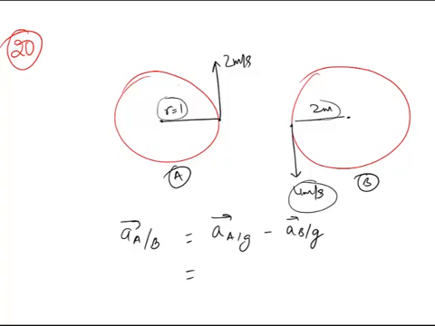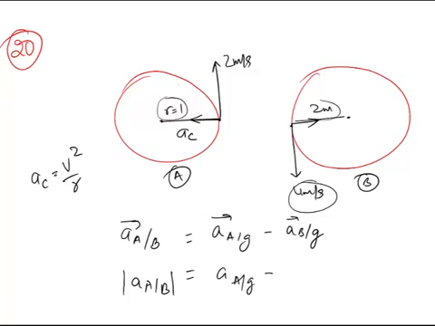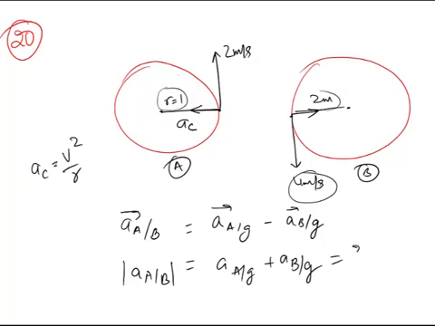But if you just need the magnitude, you know that both of these accelerations are centripetal acceleration, which is nothing but V square by R, and they are in opposite directions. So if only the magnitude is asked, acceleration of A with respect to B is the magnitude of acceleration of A with respect to ground plus acceleration of B with respect to ground, which is equal to 2 square over 1 plus 4 square over 2, that is 4 plus 8 equals 12 meters per second square.